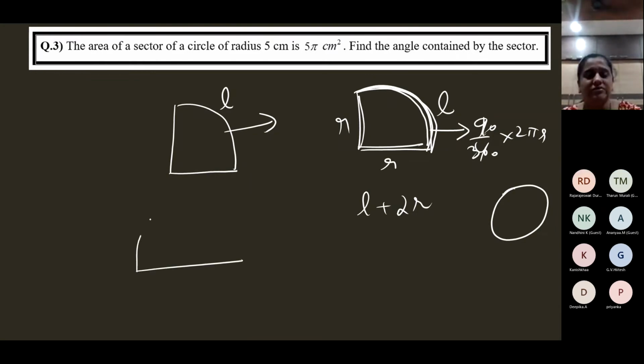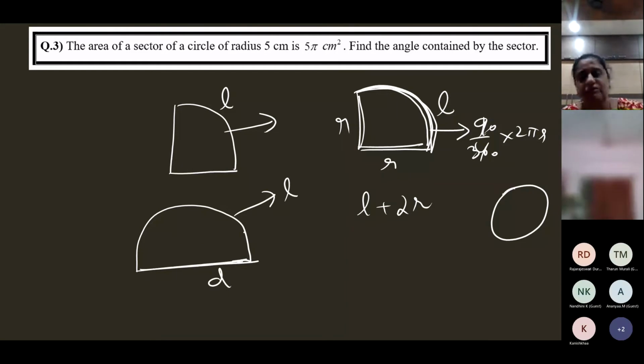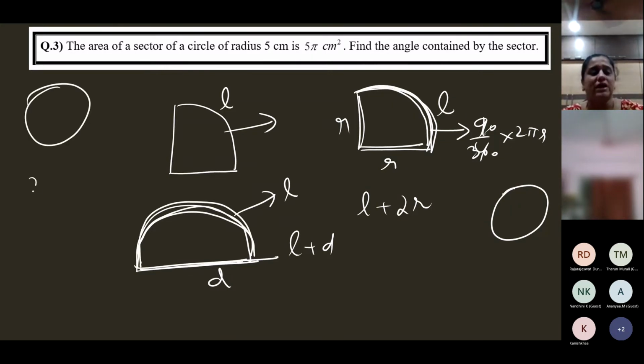Similarly, when you take a semicircle, this is L. This is the diameter. If you want to find the perimeter of this figure, it is L plus D, the length of arc plus D. But if you want to find the length of only this one, what's the length of the full piece? 2 pi r.